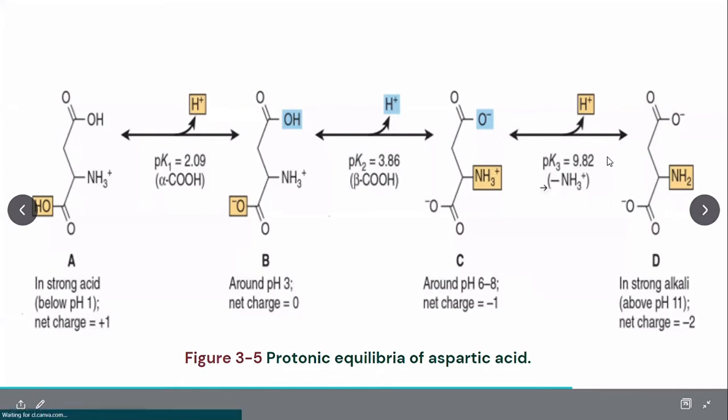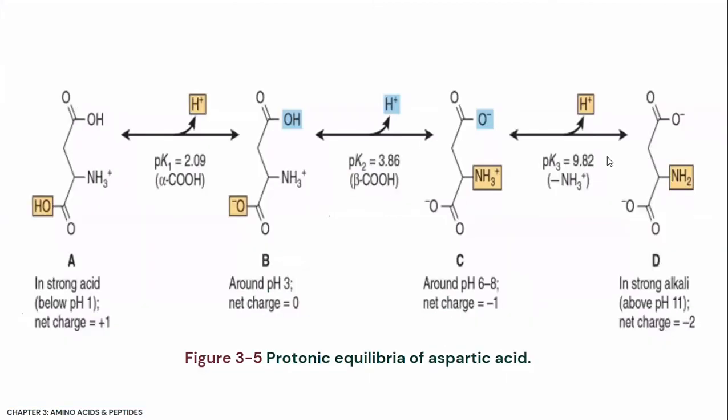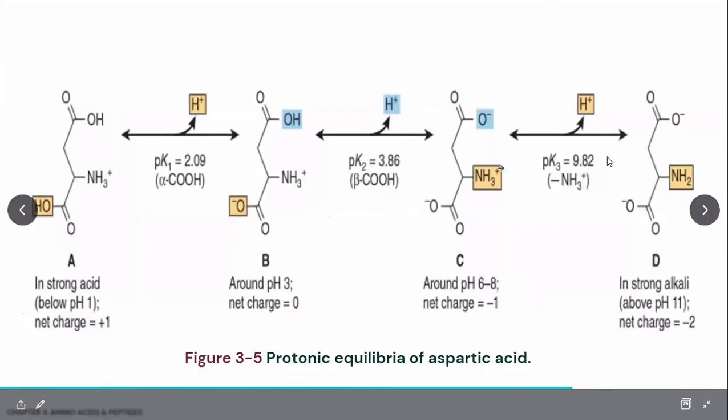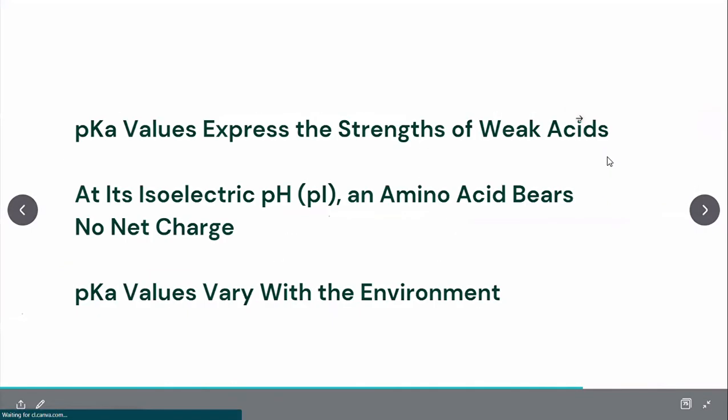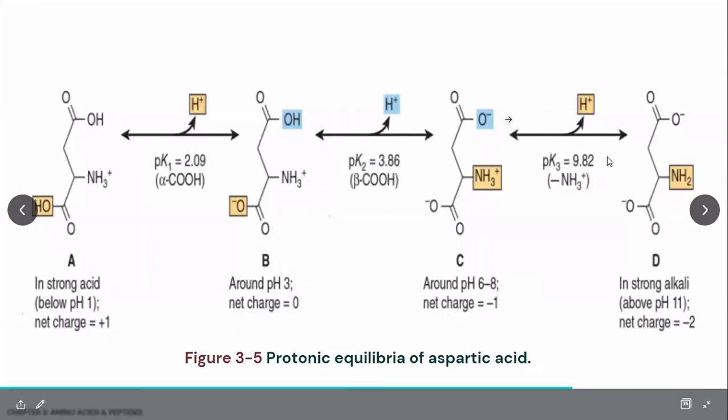And then the amino group here loses its positivity. So there is no positive charge there. And your carboxyl group still has a negative charge. So 2 negative charges and 0 charge in the amino group will have 2 negative charges.